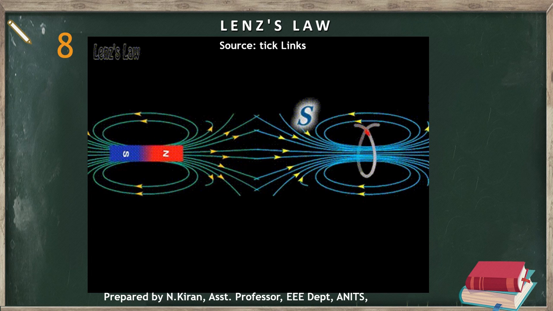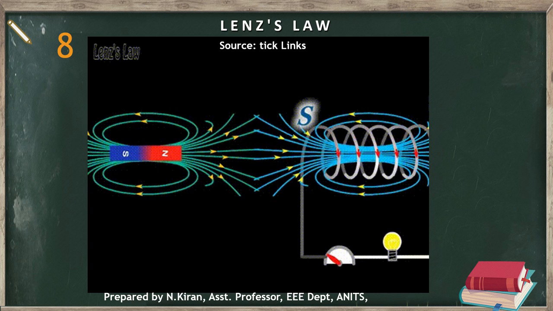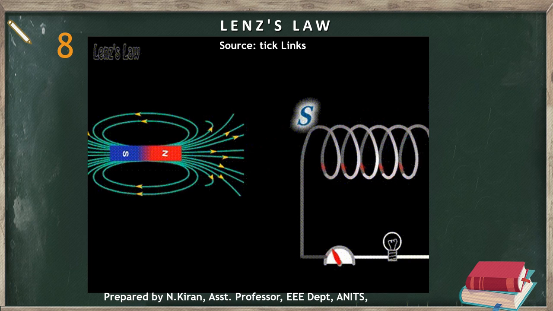Hence it will produce a south pole which will attract the bar magnet, and the deflection in the galvanometer will be in another direction. So we can conclude that the current is set up in such a way as to oppose the movement of the bar magnet.